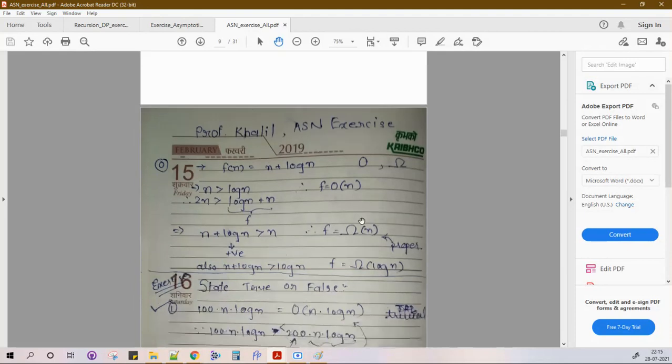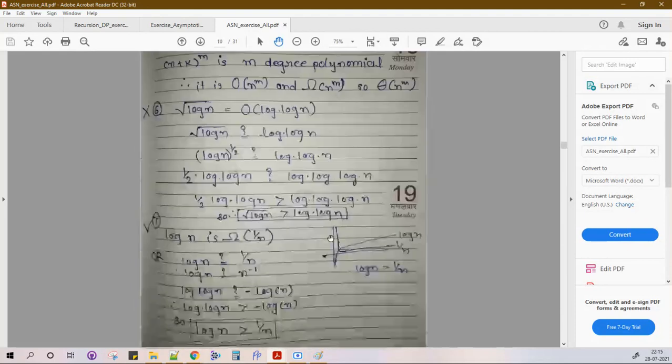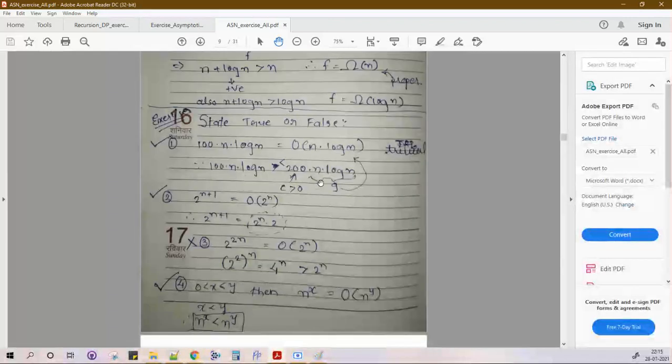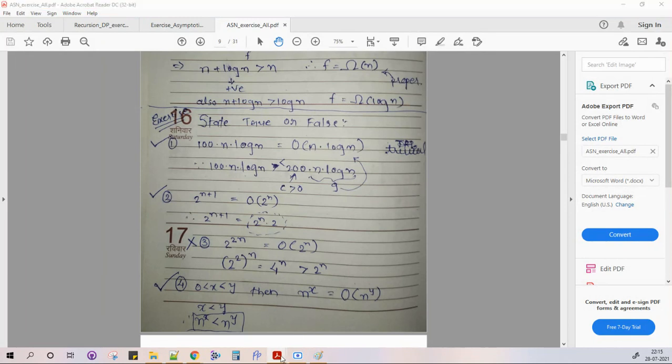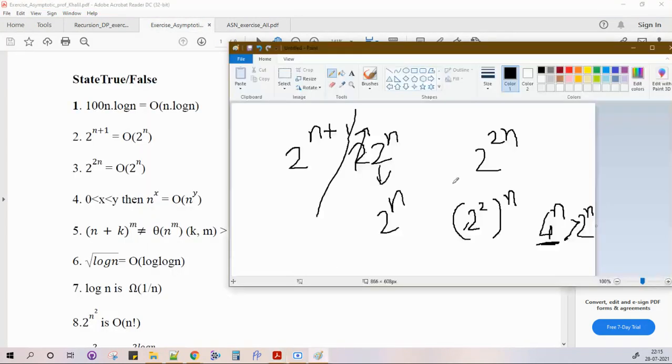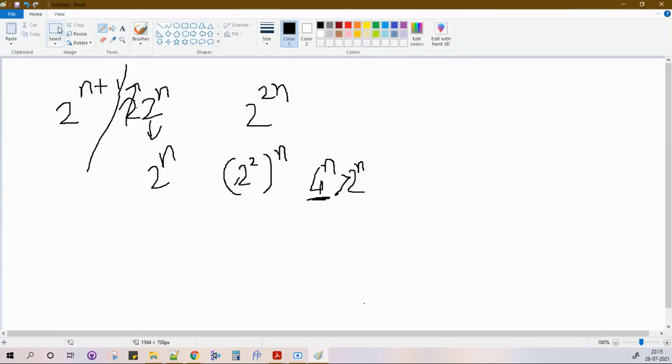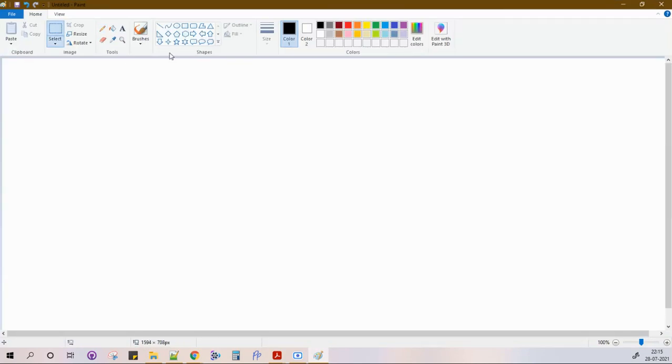If you have 2 raised to 2 raised to n, it is not the same as 2 raised to 2 whole raised to n, right?